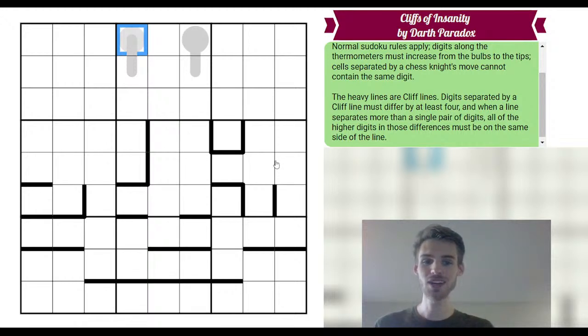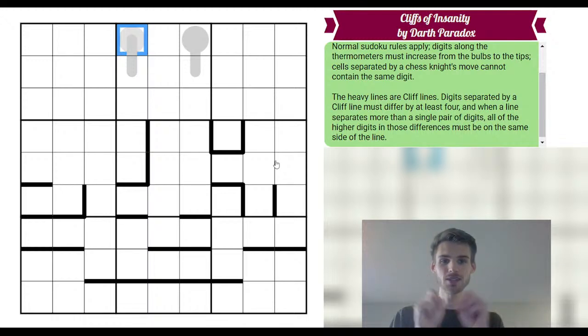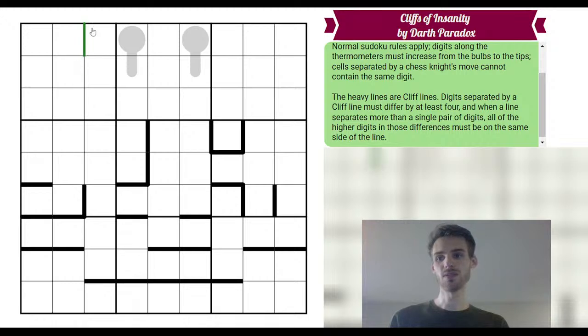So the heavy lines are cliff lines. Digits separated by a cliff line must differ by at least 4. So that's basically the same kind of idea as if we had one of these lines and this was a Dutch whispers, that's sort of like the cousin to a German whispers.